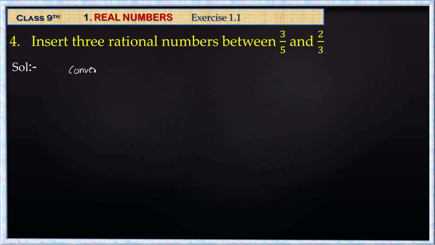Convert 3 by 5 and 2 by 3 into like fractions. How can we convert them into like fractions? By taking the LCM of their denominators.